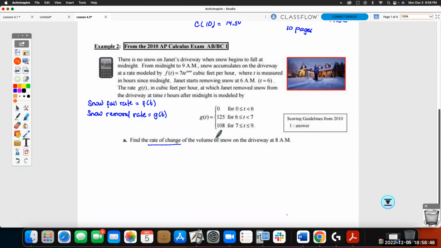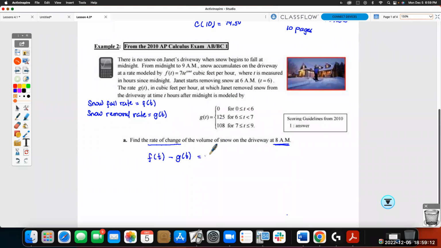Volume is cubic feet and the time is per hour. So we want to get the difference between the snowfall rate, which is f of t, minus the snow removal rate, which is g of t, when t is equal to 8, at 8 a.m.